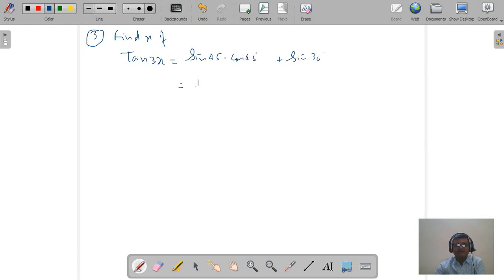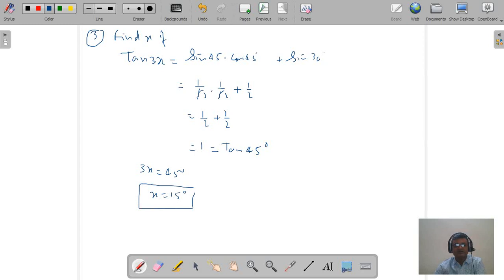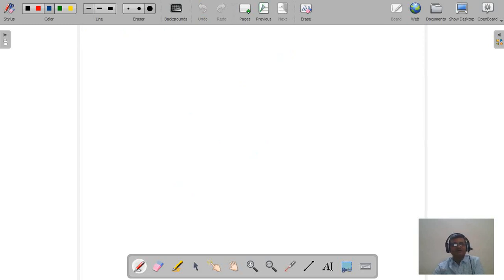So what we can see, it is 1 by root 2, this is 1 by root 2, sine 30 is again 1 by 2. So what we are finding, 1 by 2 plus 1 by 2, which is equal to 1. 1 is nothing but tan 45 degree. So 3x is going to be 45 degree, so x is going to be 15 degree. So we can solve using the tables.